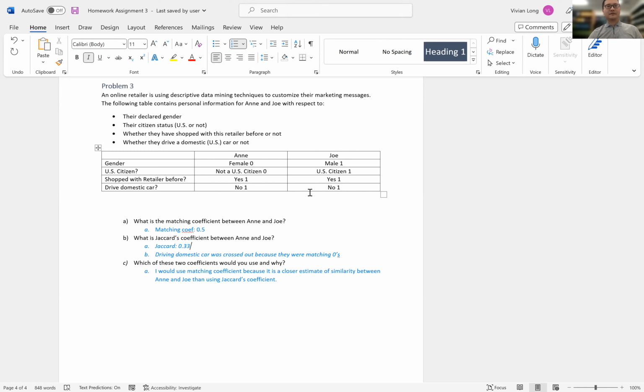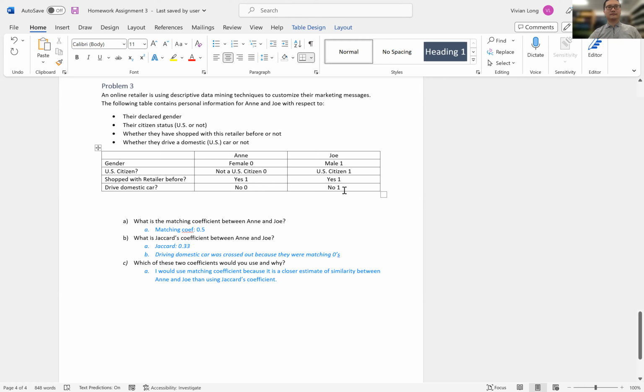We should do that. Here, if we flip the assignment for domestic car, we should also flip the assignment in shopped with retailer. Right, because I see what you're doing, Vivian, where you have ones for both of them, but I think you can't have them be the same and mean the same thing, if that makes sense. No, I get you.